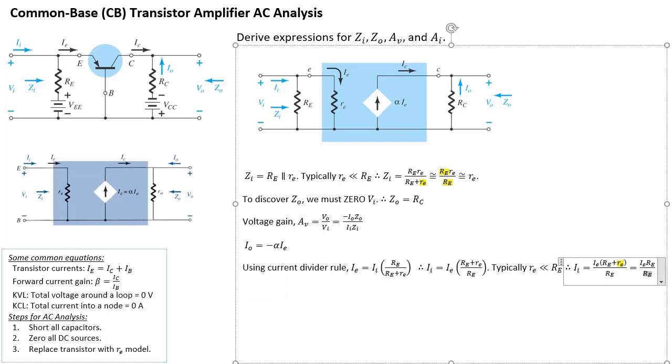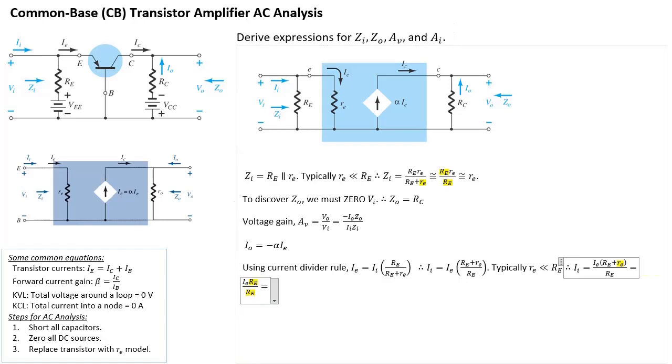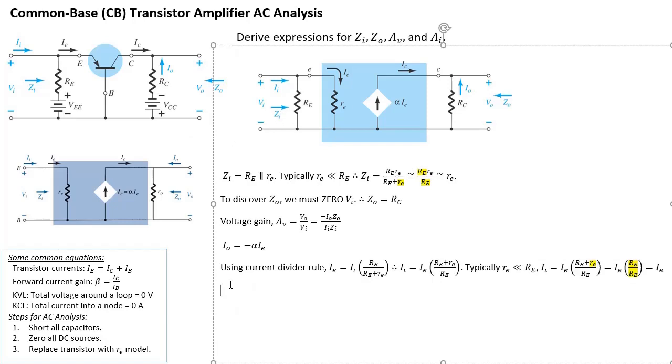The RE top and bottom will cancel out, leaving just, of course, IE. Okay, done. Let me adjust this a bit so that it will fit on the line.